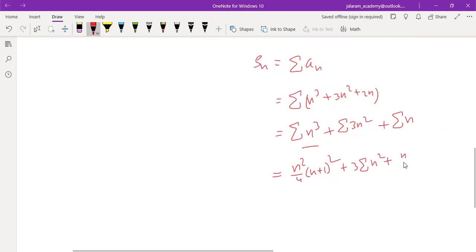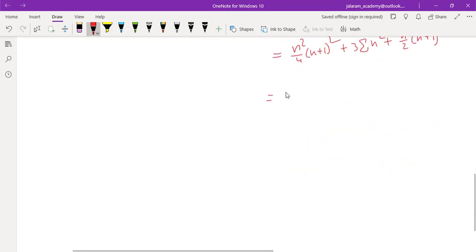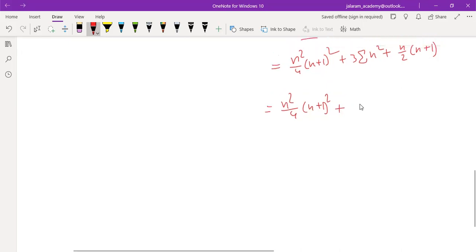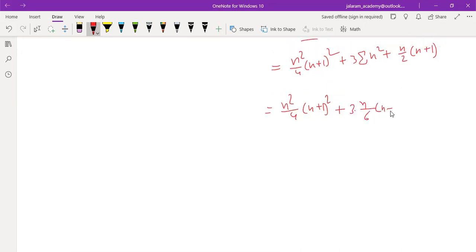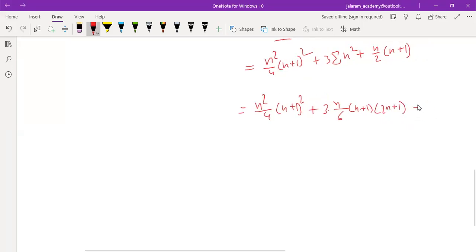Plus sigma n is n by 2 into (n plus 1). Again, we already discussed the formulas at the start of this session, and you must learn these formulas. 3 into sigma n square, we know, is n by 6 into (n plus 1) into (2n plus 1), plus n by 2 into (n plus 1).